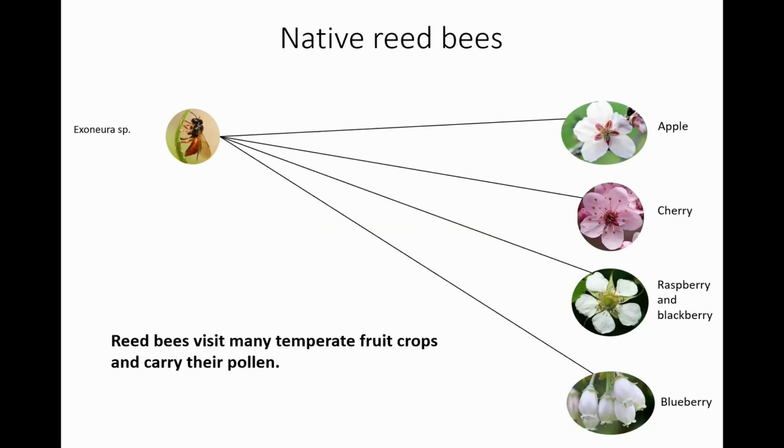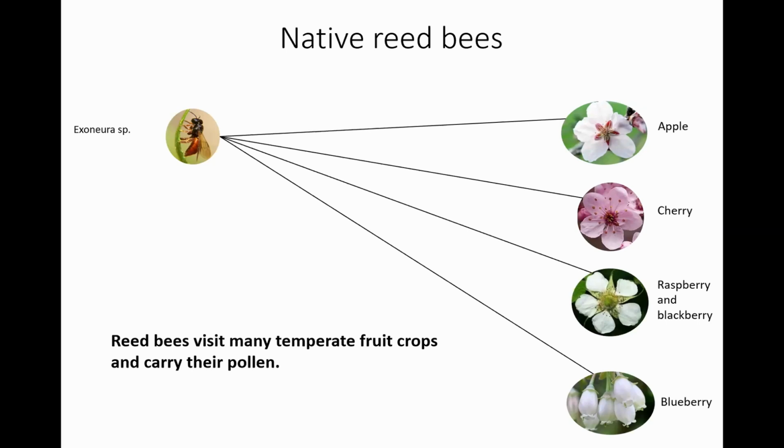But today we're interested in the native reed bees, Exoneura. We found them visiting every crop we looked at, not necessarily at every site, but they seem to be quite generalist in the flowers they'll visit. We also caught a bunch of these bees off crop flowers and looked at the pollen they were carrying.